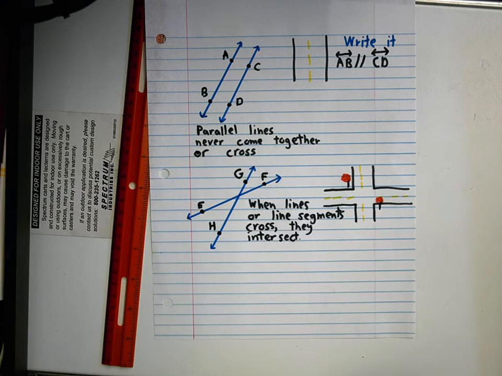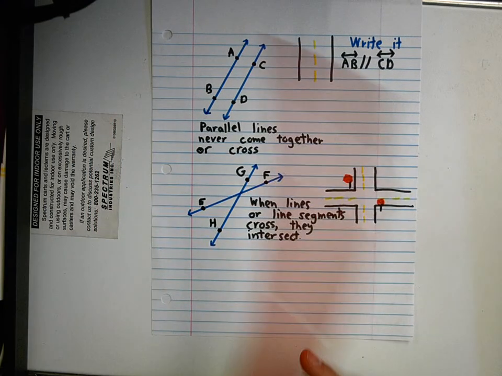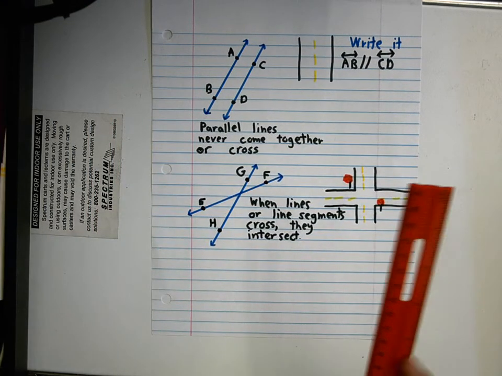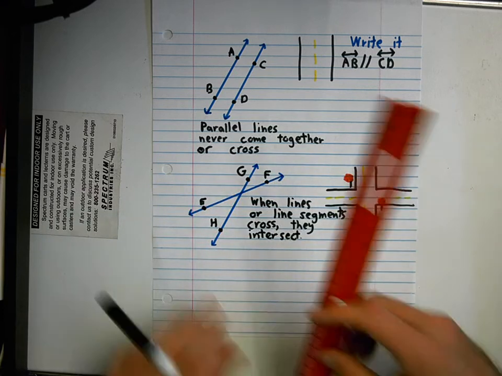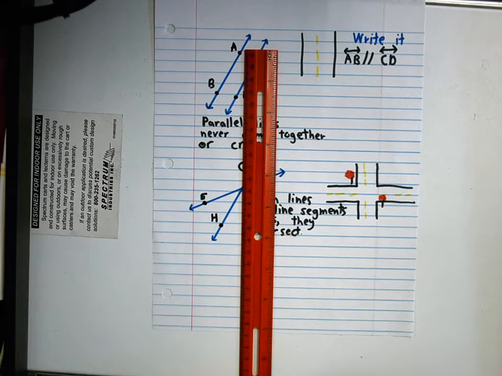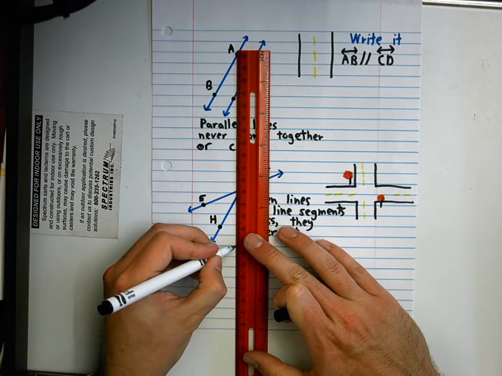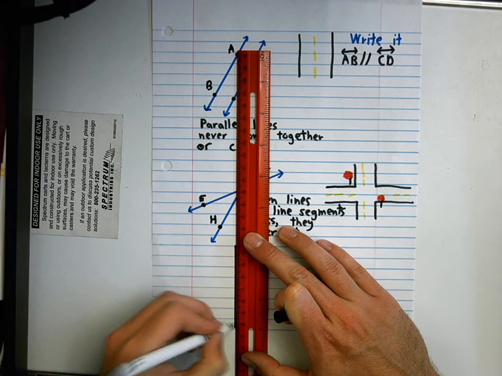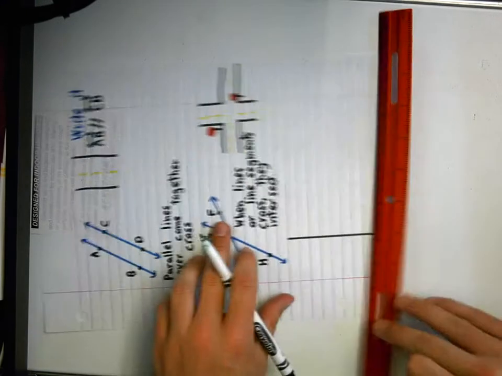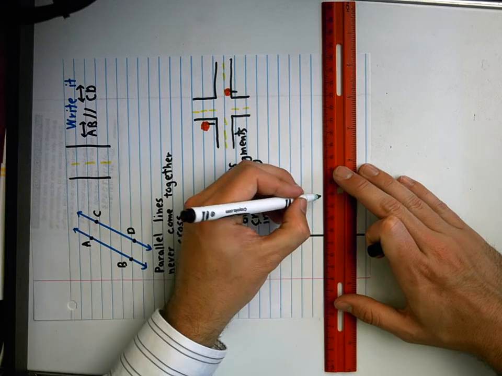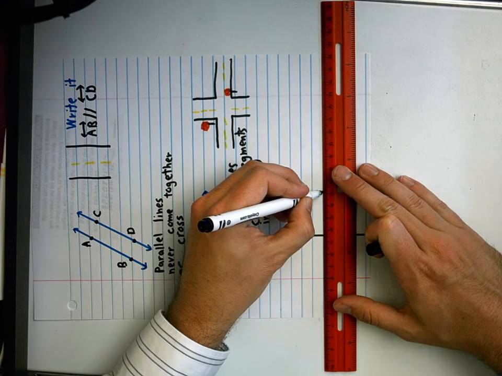Okay? Now, last type of lines coming together that we're going to talk about are when they are perpendicular. Perpendicular. Okay? Now, perpendicular lines, I'm going to use this spot right here. It's going to help me out. I'm going to use the line on the paper for me. Helps me out. Boom.